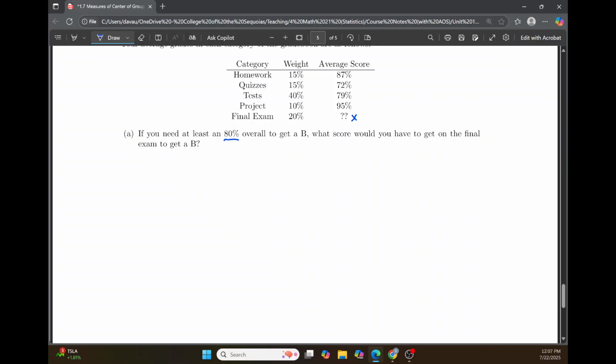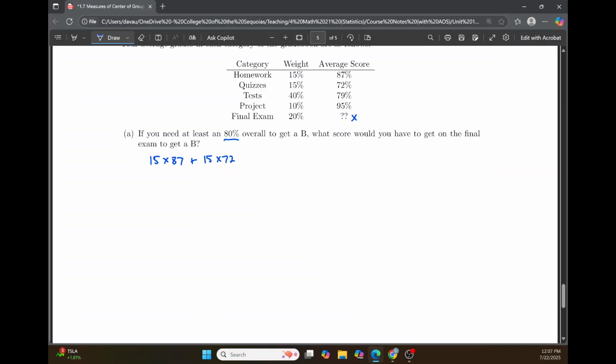So here we go. The weighted average of your grade is going to be the average score of each category times the weight of that category, right? Actually, I think the formula had it the other way around, so let me just try to stay consistent. We'll do the weight times the score. Okay, so that's what the homework will contribute to your grade in the class. The quizzes are going to contribute 15 times 72.